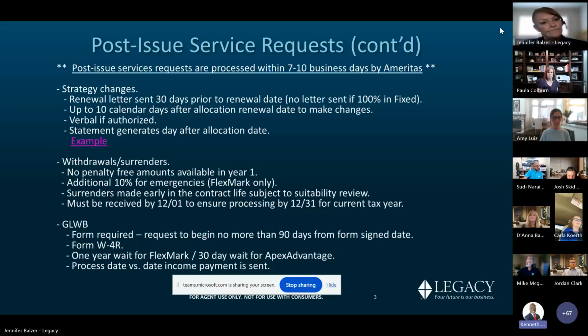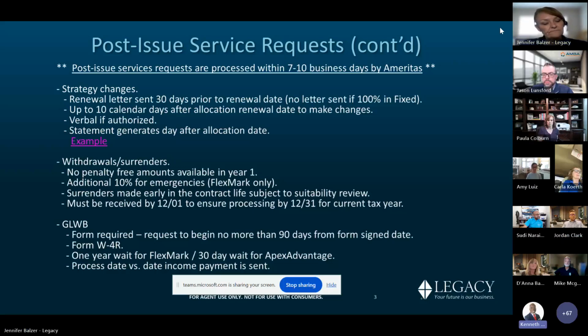Jennifer, this is Kenneth Ray. I have a question. Sure. You've mentioned that the emergencies, if they were doing the withdrawal, are defined in the contract, what would constitute an emergency. Is that correct? Yes, they are. So in the contract, there is an endorsement for the emergency withdrawal provision. And within that endorsement, it does outline what is considered an emergency for purposes of that benefit.